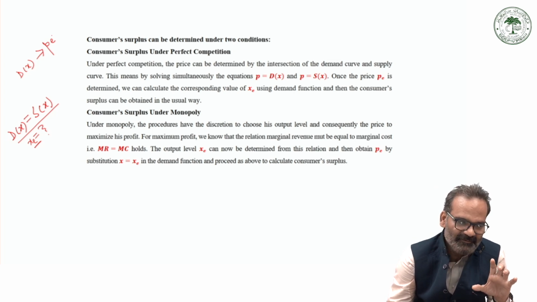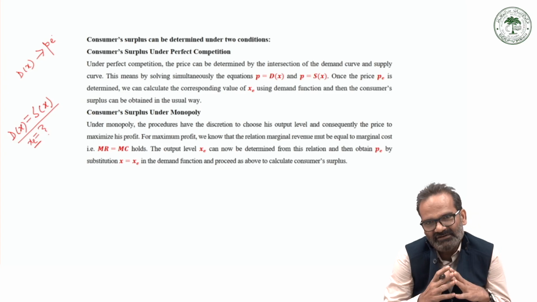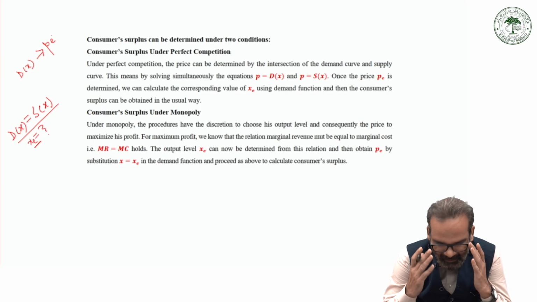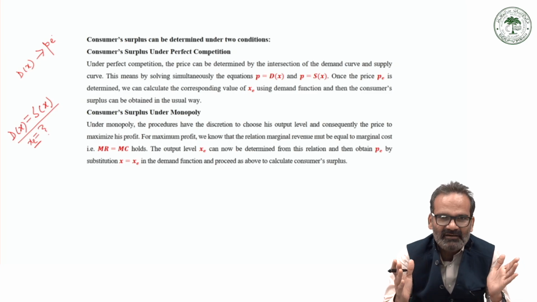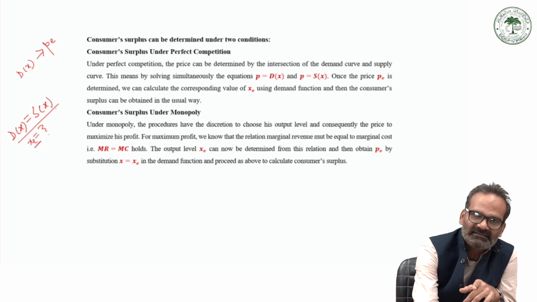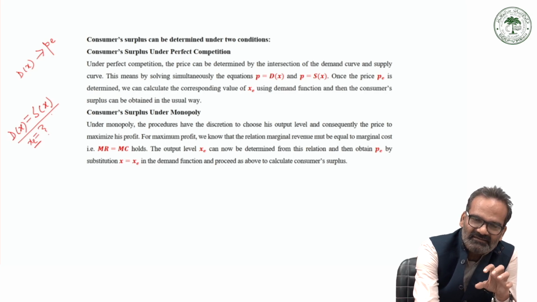What I have explained is: whenever you want to determine the consumer surplus under perfect competition, first equate the supply and demand functions. Dx must be equal to Sx. When you equate these two equations, solve for x. You will get some value of x.